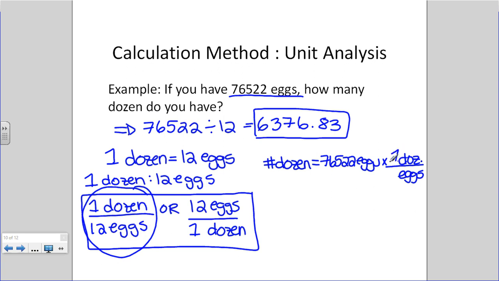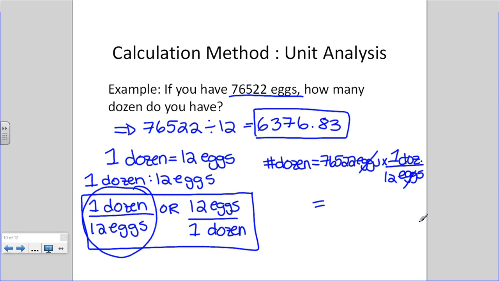So now I can take my known quantity or ratio, 1 dozen and 12 eggs, and now I can solve for the problem the same way that many of you probably did right up here on top, but I've accounted for all of my units. So eggs in the numerator, eggs in the denominator, they're going to cancel out. And left with dozen, that's my units I want.